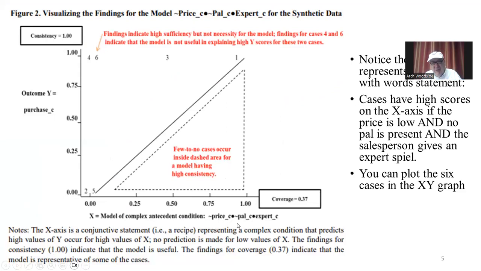See, we just looked at price and PAL. It turns out that with no PAL present, we had one person that actually bought with the low price and no PAL.